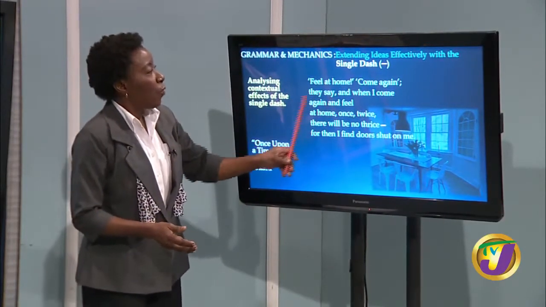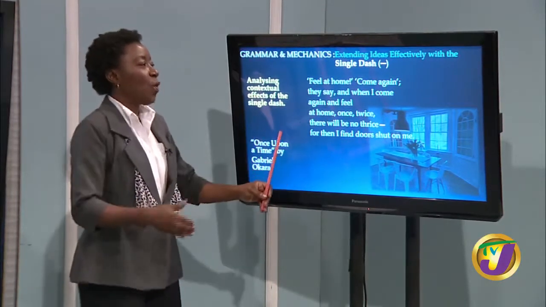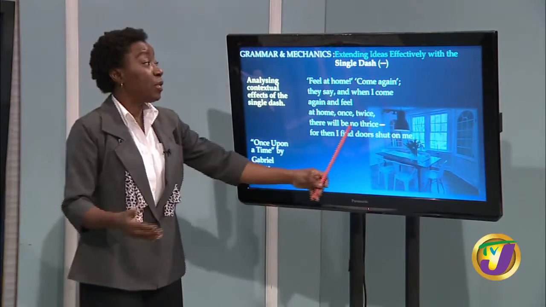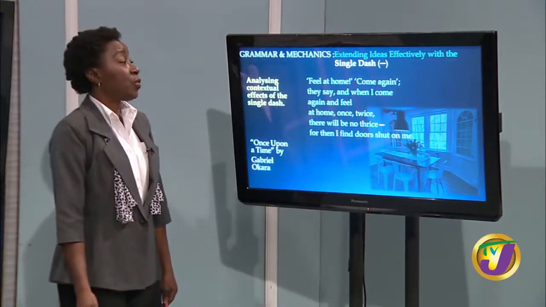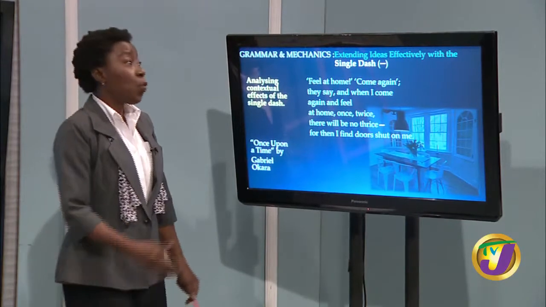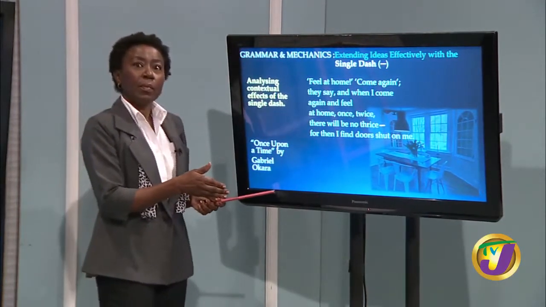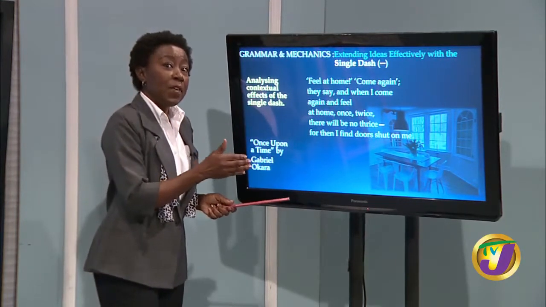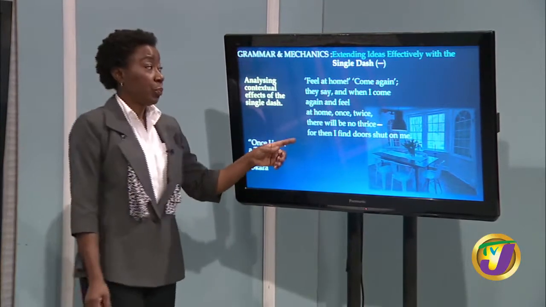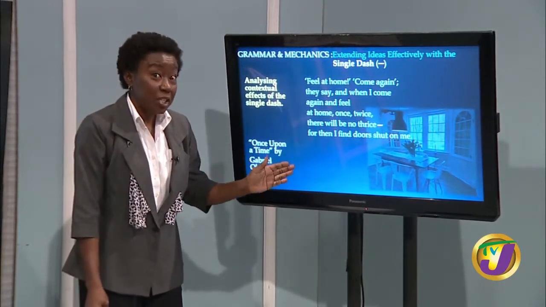So it's flowing, okay? Again, and feel at home, once, twice, but there'll be no thrice, for then I feel doors shut on me. So what is a dash doing here? It is giving you an extension of the situation.